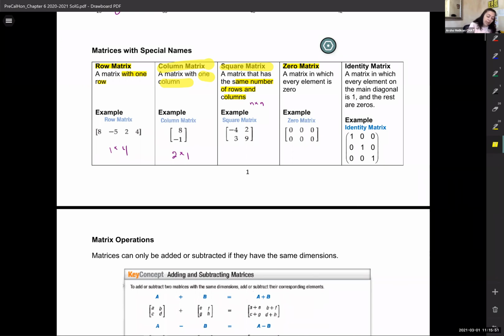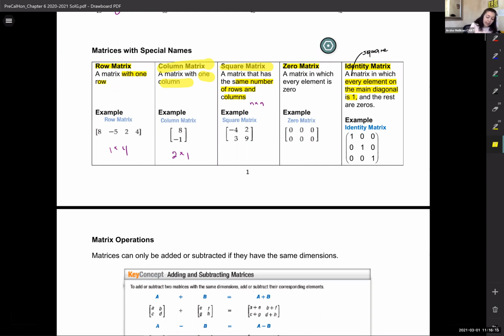Okay? Okay. An identity matrix. Here it's a matrix, but I want to specify that it's a square matrix in which every element in the main diagonal is 1.